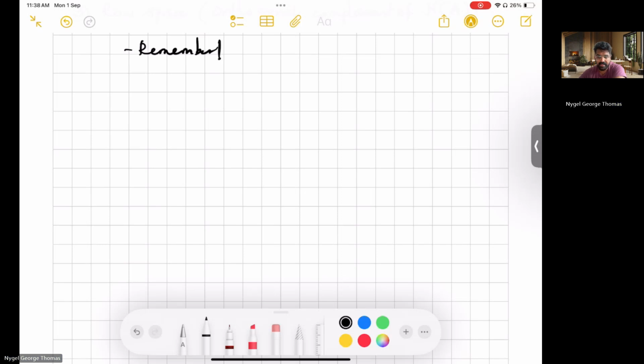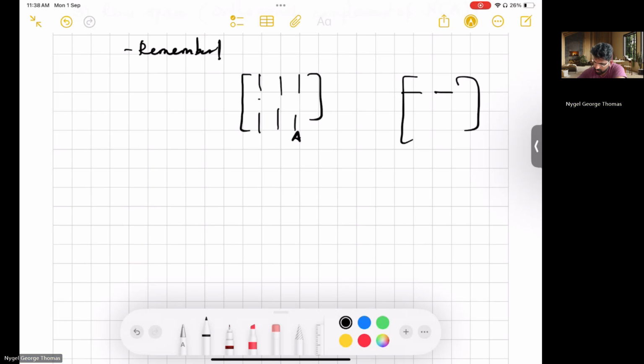How do we define this? We've already seen for matrix A, whenever we are looking at the column space, these were the vectors which are the column vectors of A. Similarly, we can also consider the row vectors. This is another way of viewing vectors. It's not necessary that we always stack the vectors along the columns of a matrix. We can also view the rows of a matrix as vectors.